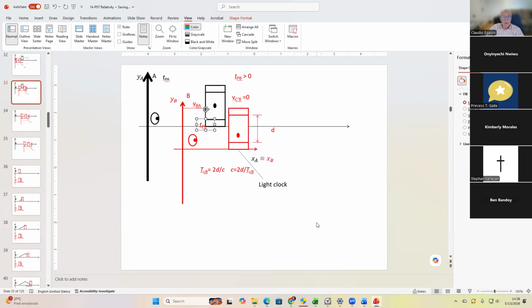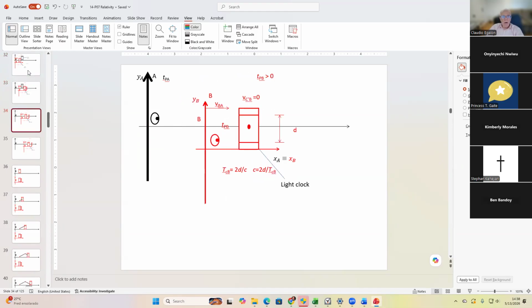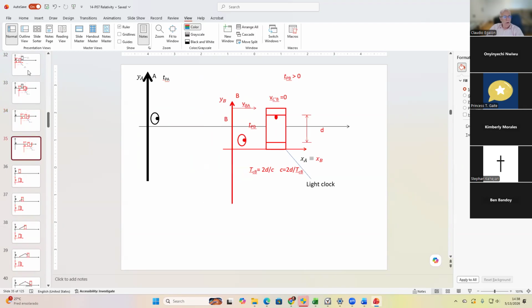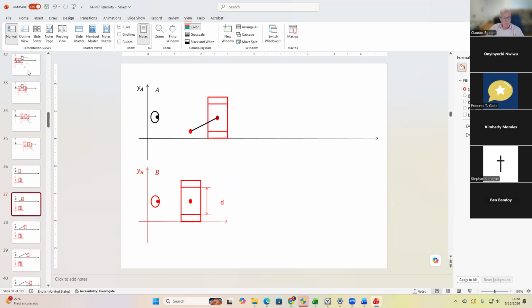Bring to the front. In the next frame, right? Clock B moved a little bit more, and so on. So how can we derive an equation for the time dilation? All you have to do. That's what observer A sees for clock B, right?